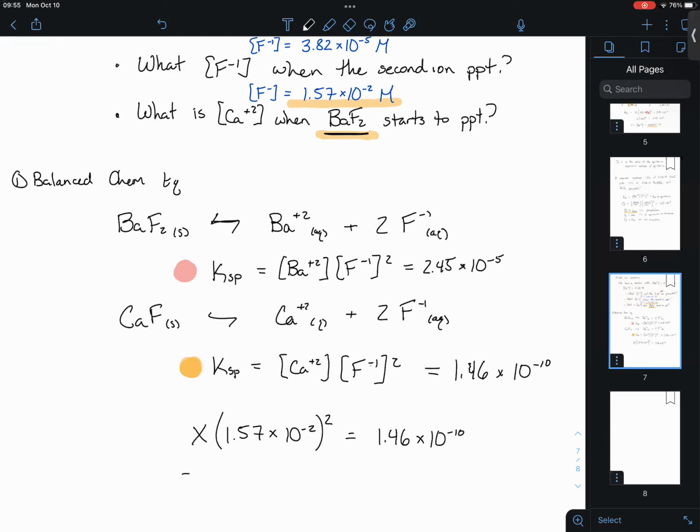And what I get is my concentration of calcium ions, my X value, is equal to 5.96 times 10 to the negative 7 molar. Okay, so that's the concentration of calcium when the second ion, the barium, starts to precipitate.